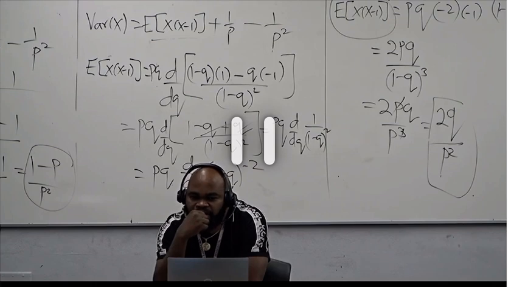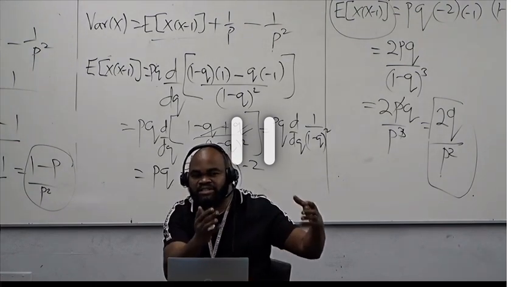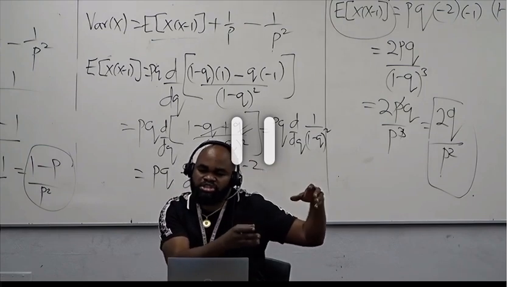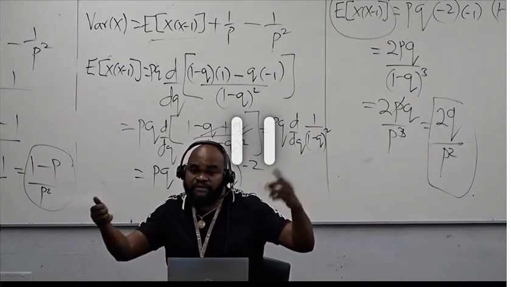For instance, you remember on Thursday, when we derived the mean and the variance of Bernoulli distribution, we were able to deduce the mean and variance of binomial from that.